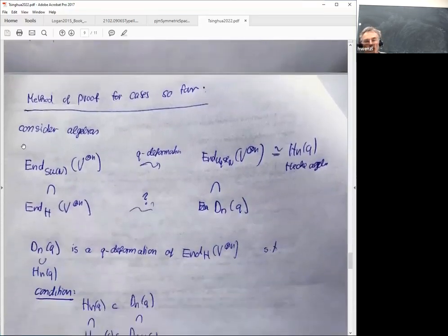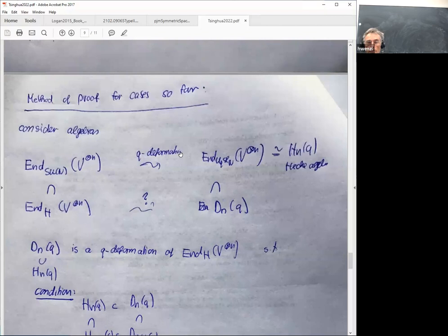And we take V to be the n-dimensional representation of SU(N). Then we look at the endomorphism space, the commutant on V tensor n of the SU(N) action, which of course is embedded into the commutant of the subgroup.